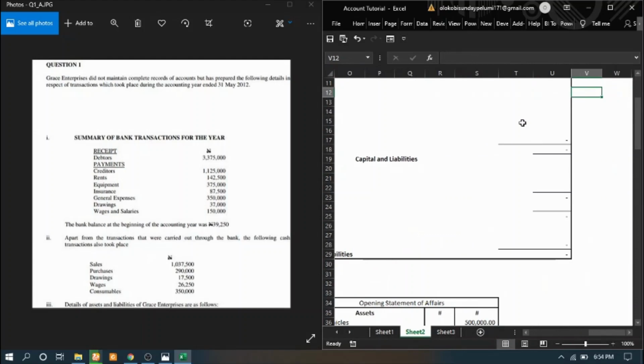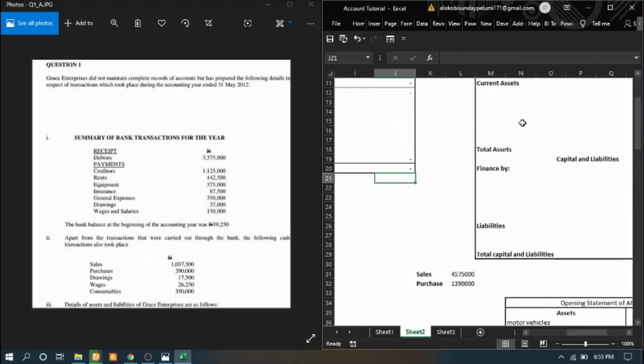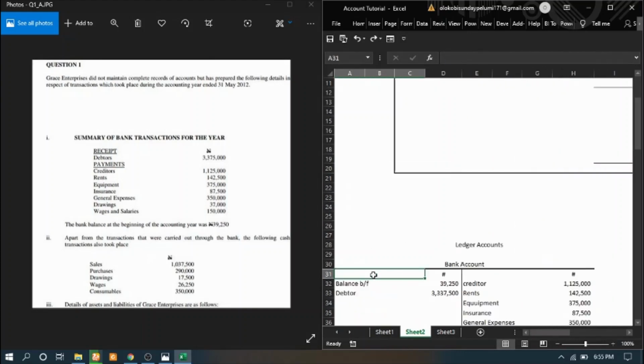I've made the work easier for me already. So our sales here is 4,575,000. And that is the sum of D48 and D61.